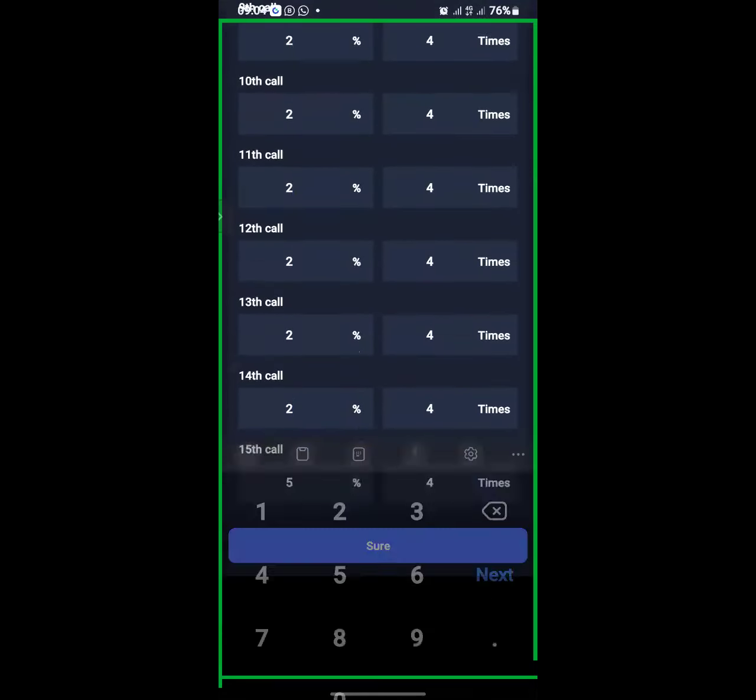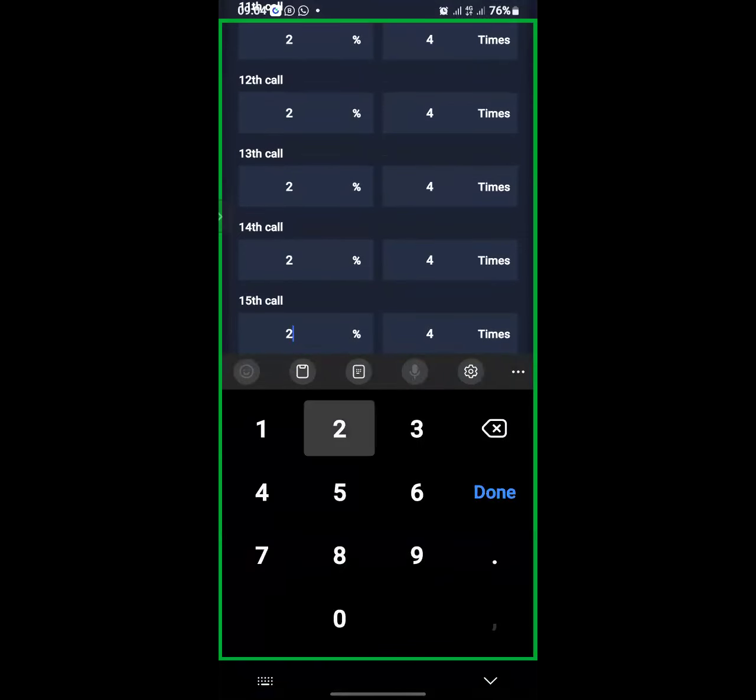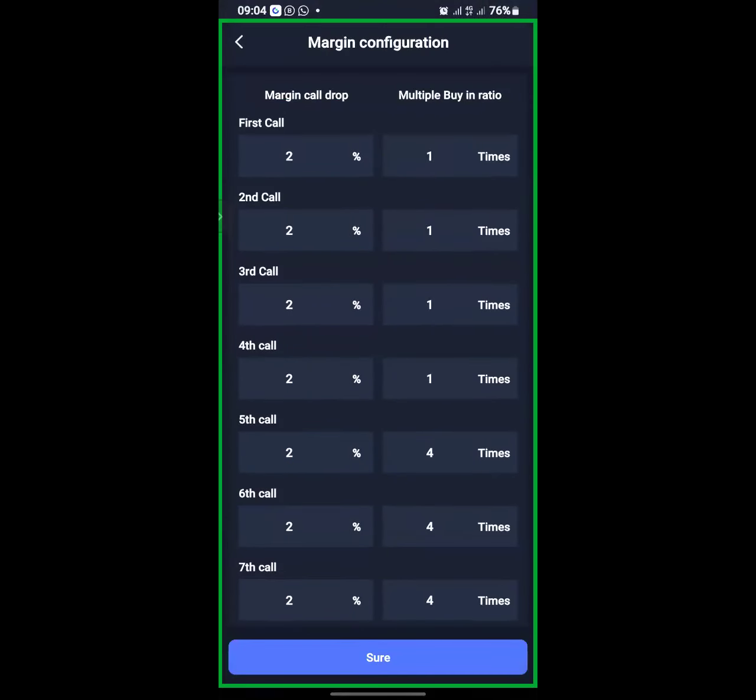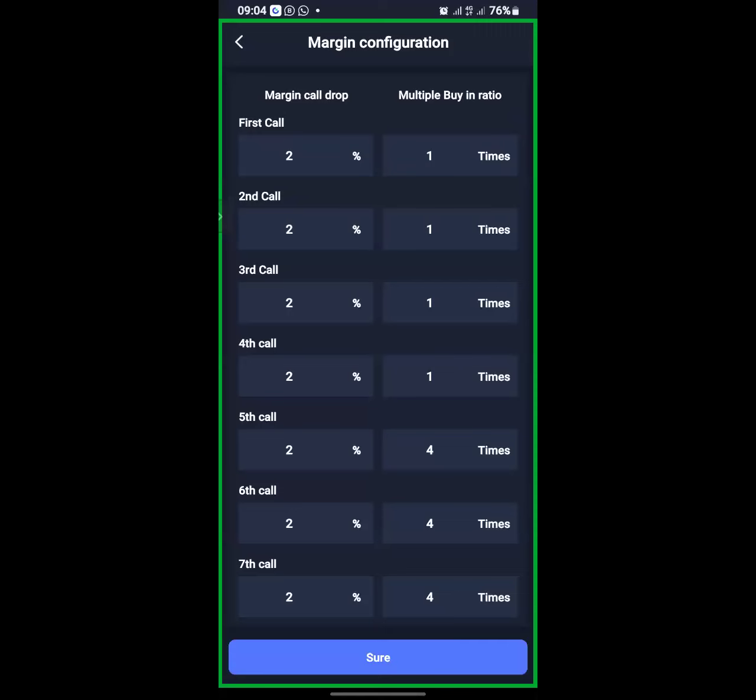This is a long-term strategy that is going to be giving you money on a daily basis in a downward market. Whenever you set this strategy, instead of praying, oh Lord, let the market move up, you're like, let the market move down so that my margin call drops are bought.